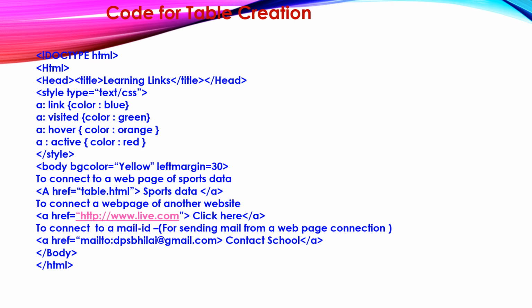Here I have written contact school and slash a. So when I click on contact school, the email link will open, and in the to address dpsvilai@gmail.com will be there, and you can type your text and mail.